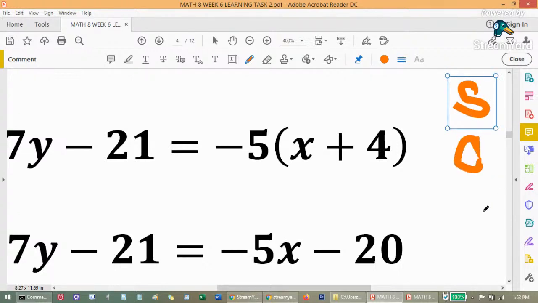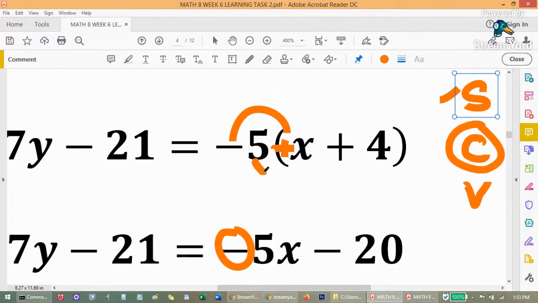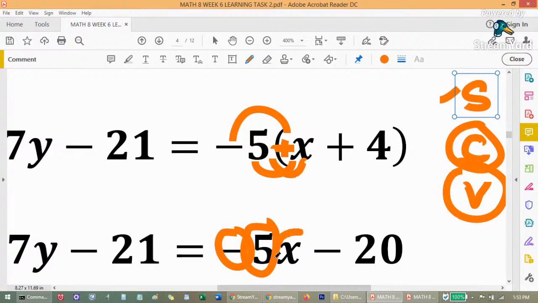Pagkatapos ang coefficient, and then the variable: sign, coefficient, and the variable. Sign muna tayo. Negative times positive is negative. Coefficient, 5 times 1 is 5. And then variable, x times walang x is x.